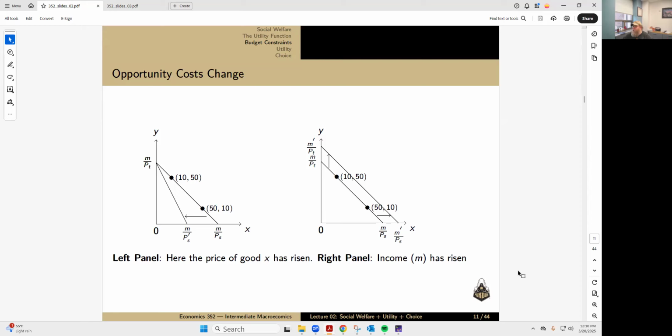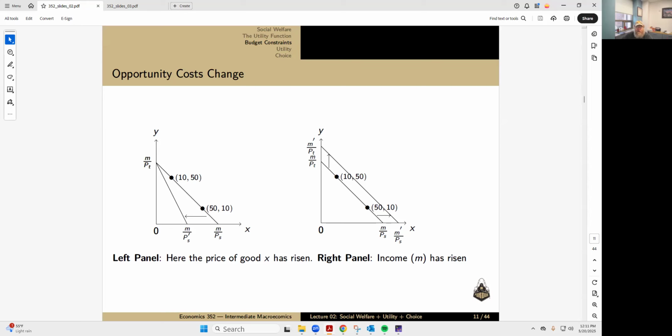Now, of course, one of the things that we're going to be very interested in, and certainly interested in the conversation about intertemporal utility, is the idea that things change. So you'll often hear economists say that budget constraints represent opportunity cost between the two goods in question. In other words, if we're thinking about how much of good X I need to give up in order to increase my consumption of good Y, the slope of the budget constraint is going to dictate that.